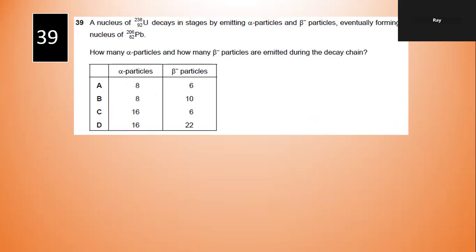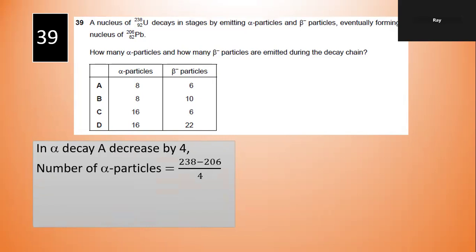How about this one? So I got A. In alpha decay, A decreases by 4. So you work with the A first. Subtract these two, divided by 4, gives 8. Then calculate the decrease in Z. Z decreases by 2 per alpha, so 2 times 8 is 16.